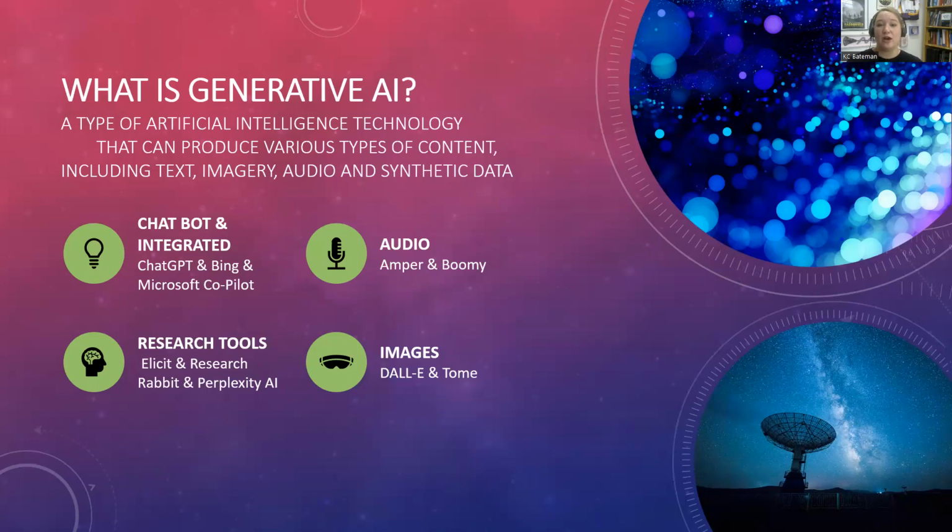So you have your audio, maybe your Amper and Boomy images that you might see. DALL-E and Tome kind of take care of those. Research tools you might have heard of: Elicit, Research Rabbit, Perplexity AI, and some chatbot or integrated tools as well.